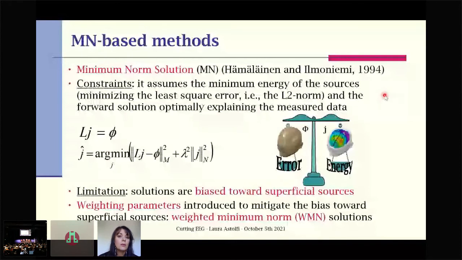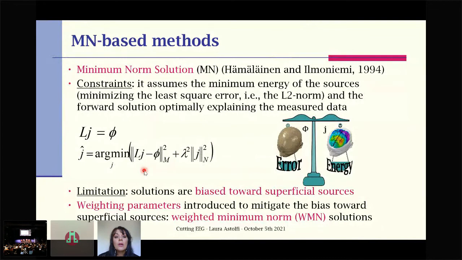And the first one, which was developed in the 90s, is the minimum norm solution, in which the constraint is that the sources have the minimum possible energy that allows them to solve the forward problem.